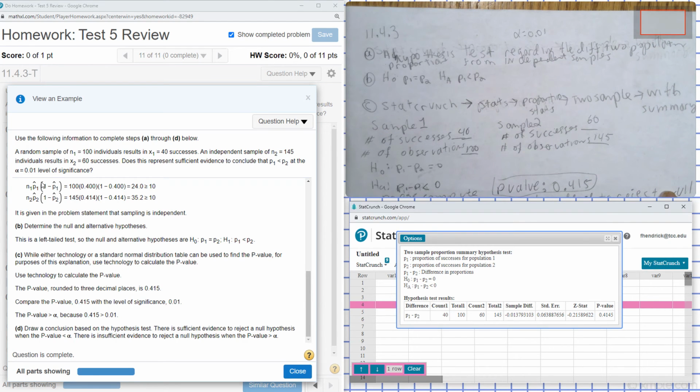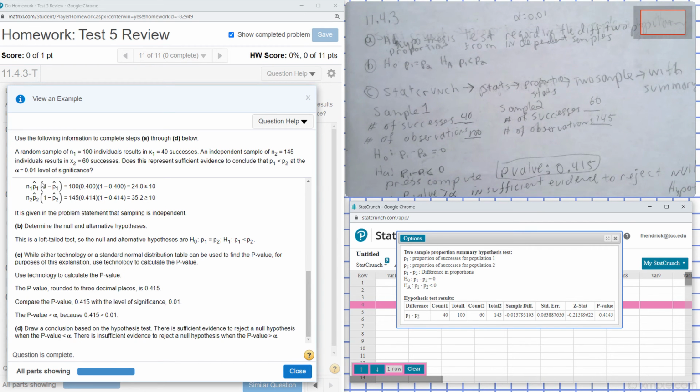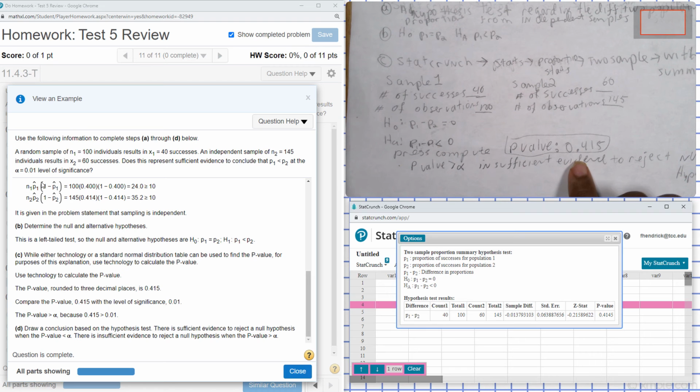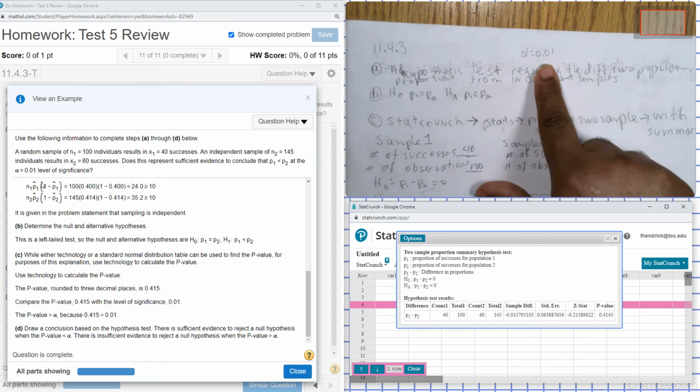Okay. In this case, our p-value is greater than our alpha, which in this case is 0.01.